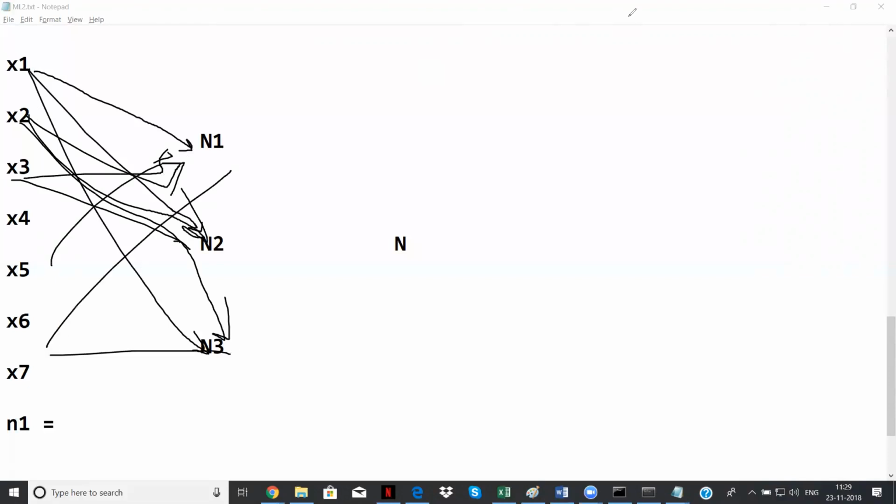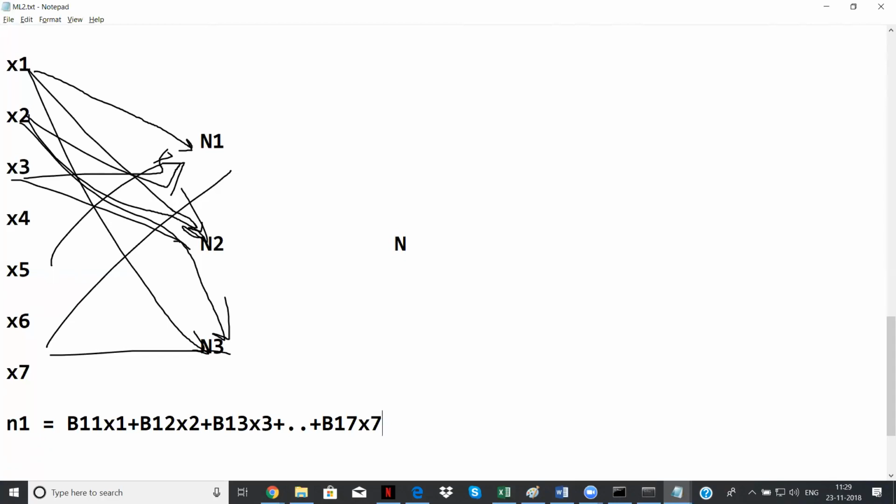So I have n1 equals beta 11 times x1 plus beta 12 times x2, where beta 1 exclusively belongs to n1, plus so on till beta 17 times x7.